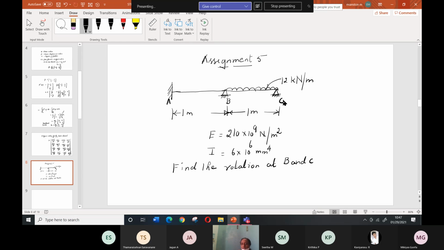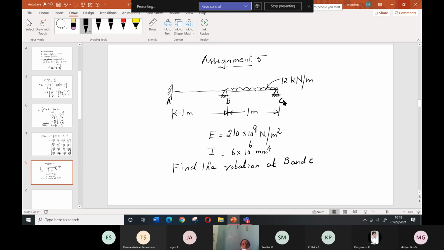So what you have to do is, you have a seminar hour today, no? In that seminar hour, I'll be taking that, and you have to do this assignment and submit it within 2 days. That is, you have to find out the stiffness matrix. K is equal to P. That only you have to solve.